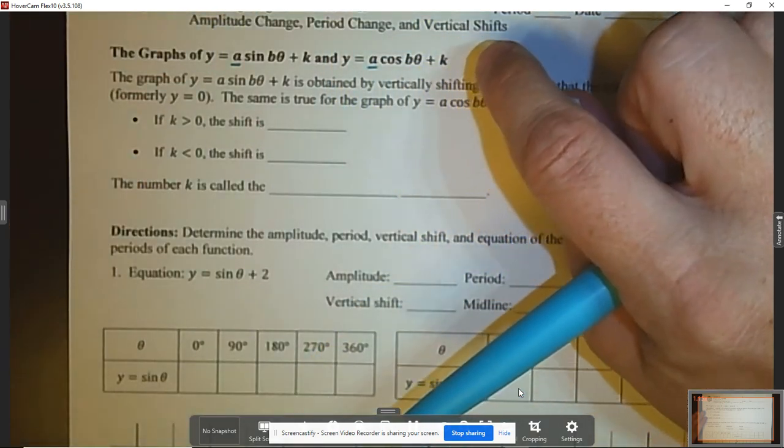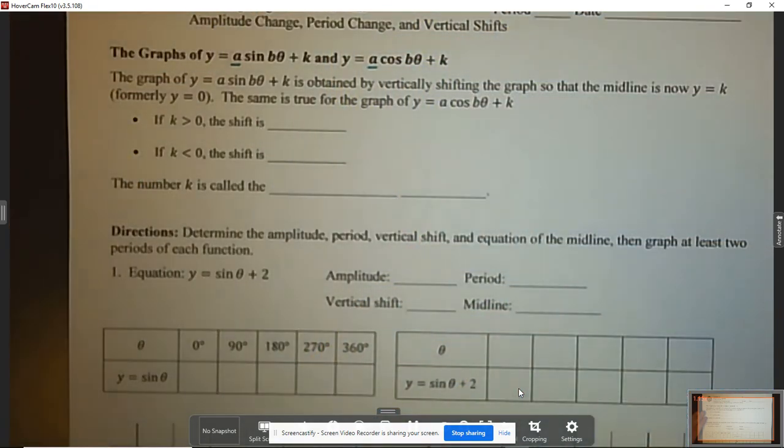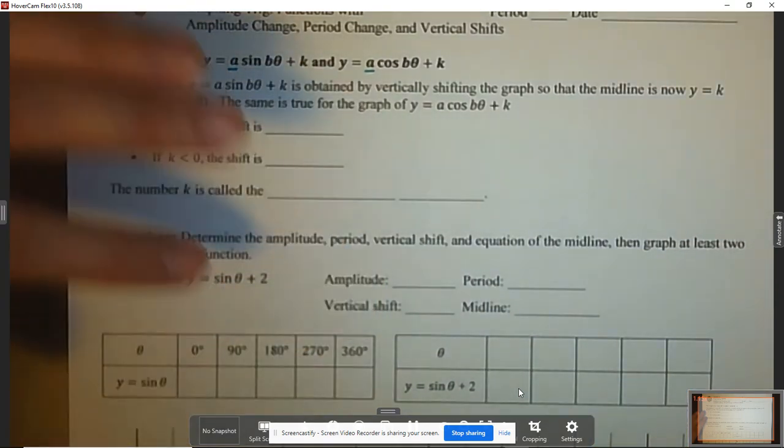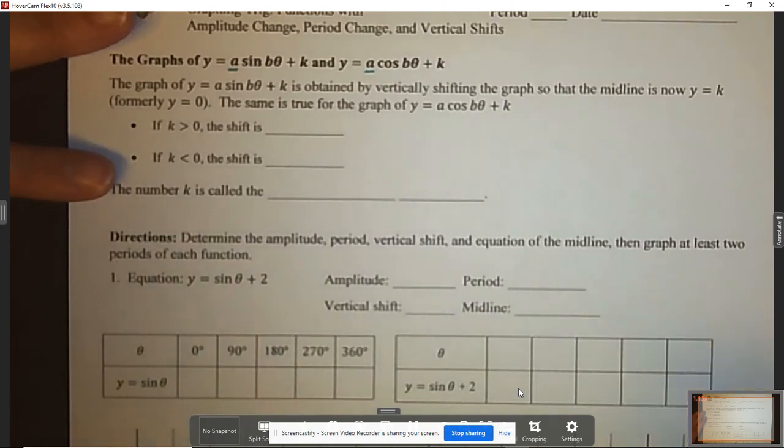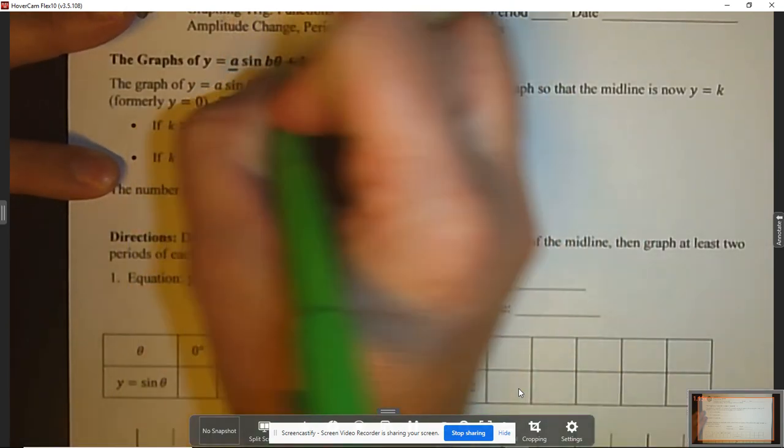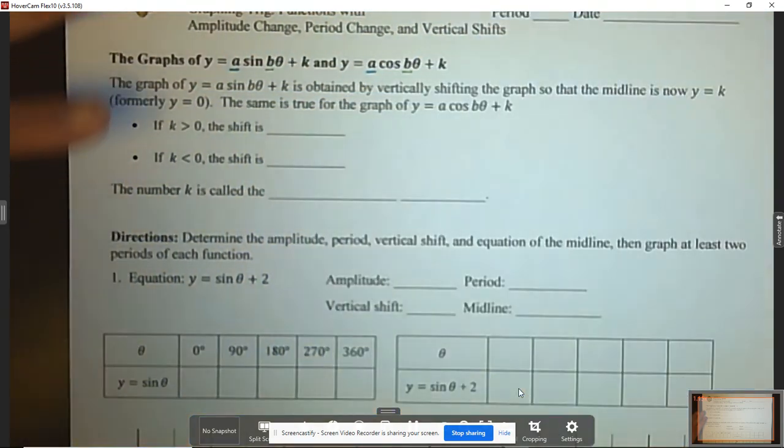So a, like I was saying, is an outside number, so it changes the y values. Outside numbers change our y values. Inside numbers change our x values. So if you remember from the previous lesson, b is inside, and it's going to change the period of the graph.